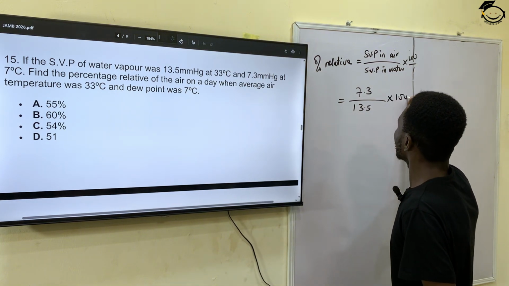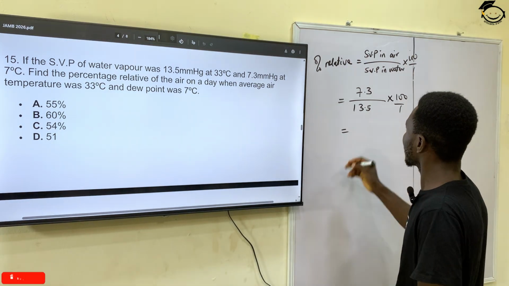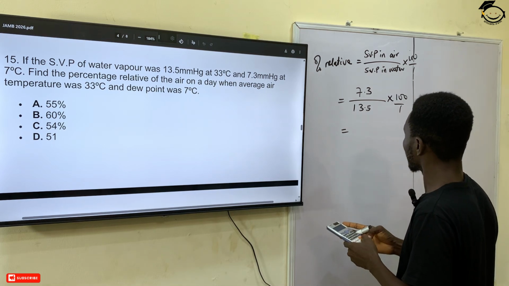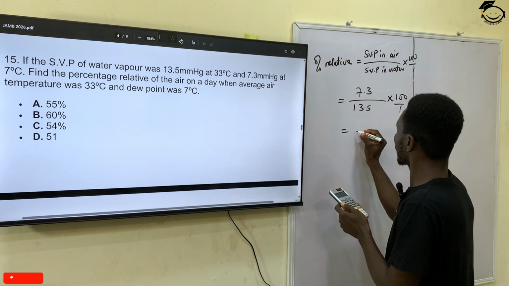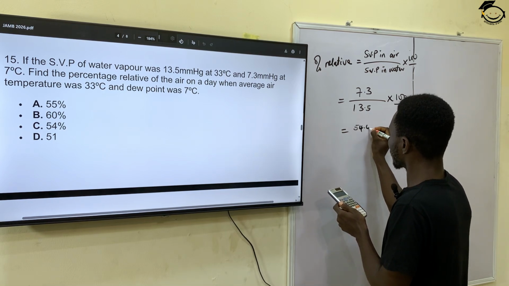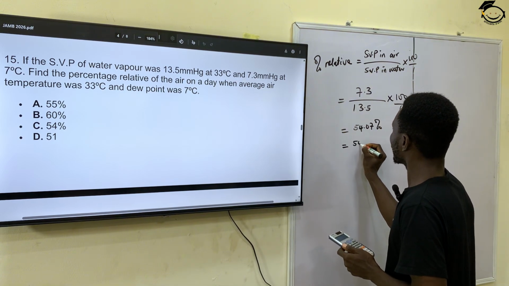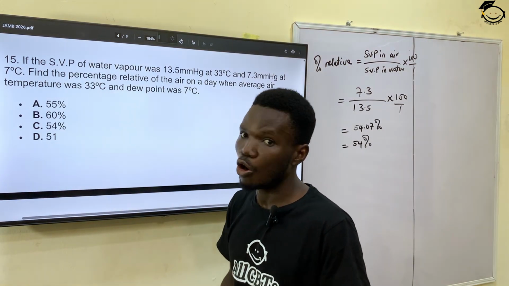This is times 100 over 1. So if you divide and multiply by 100, so I have 7.3 divided by 13.5, times 100, I'll get 54.07%, which is equivalent to saying I have 54%. So looking at our options there, that is option C.